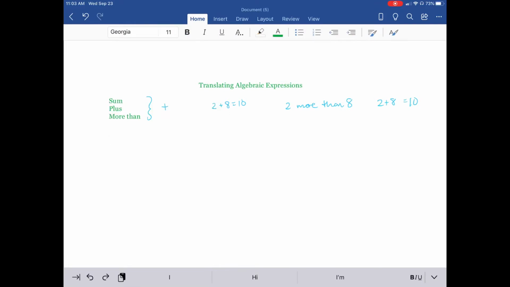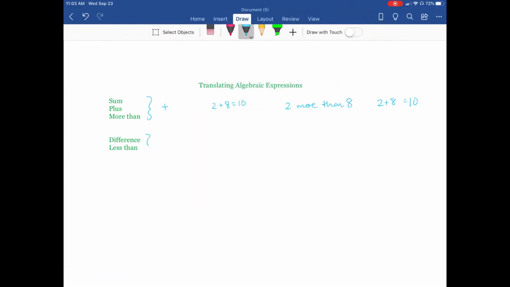Then there is the inverse of that, which is the difference. So we've also seen the phrase less than when we're referring to that. And when I have the difference, mathematically, that symbol means we're subtracting.